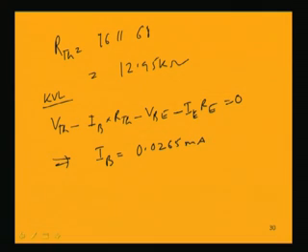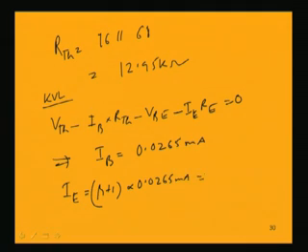And from this we can find out the collector current, and the emitter current also. The emitter current is equal to beta plus 1 into 0.0265 milliampere, and beta value is 100.